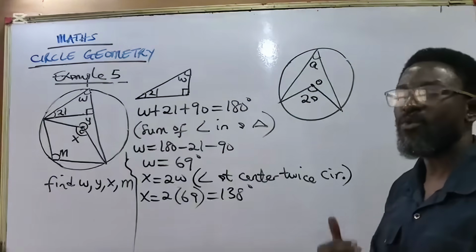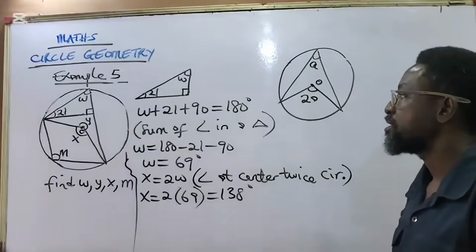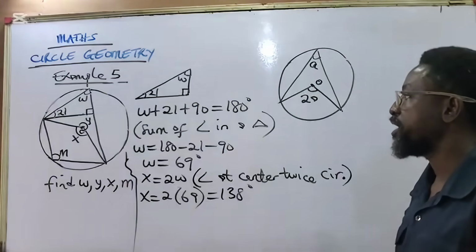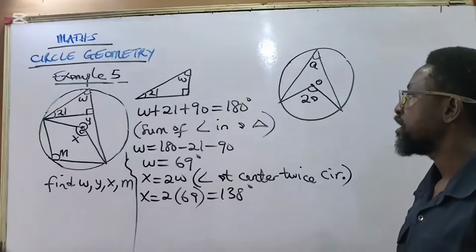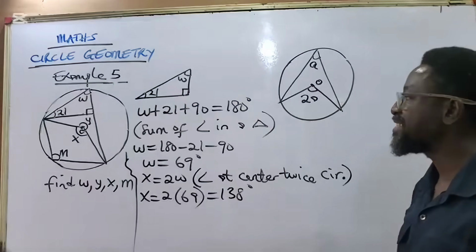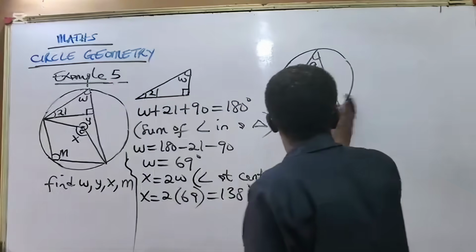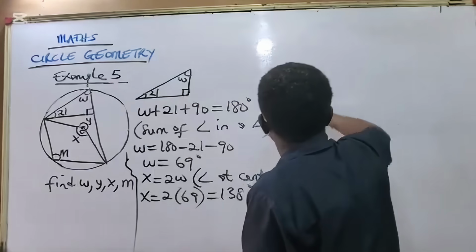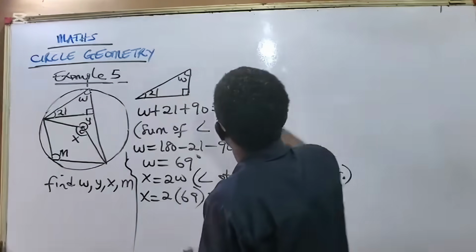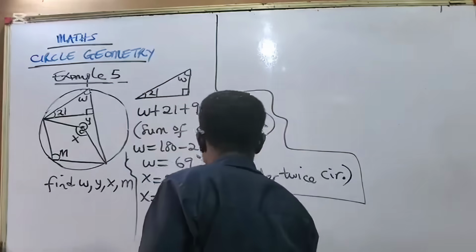X and Y, they are the points. X and Y are the points. I would say the sum of angles at the point is what? 360 degrees. So I raise this one now. Sum of angles at the point is what? 360 degrees.